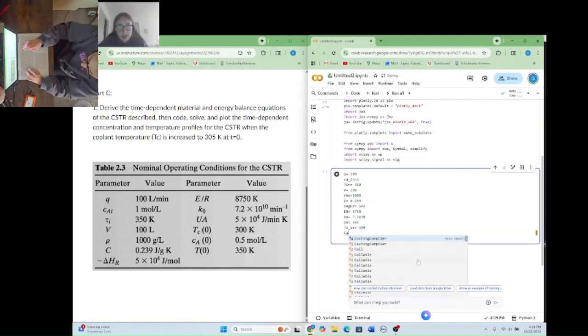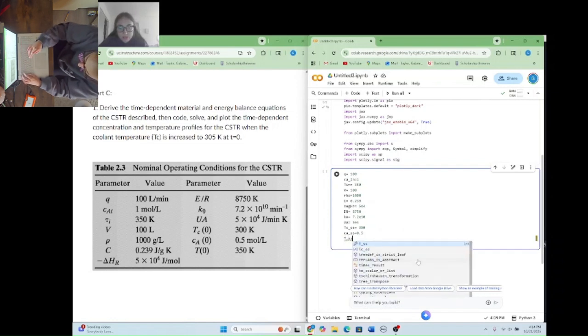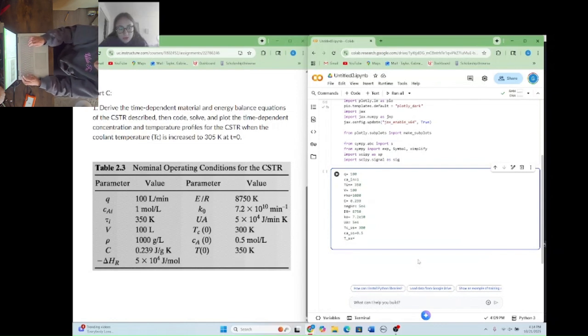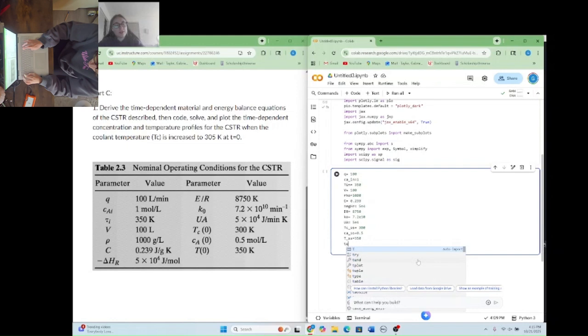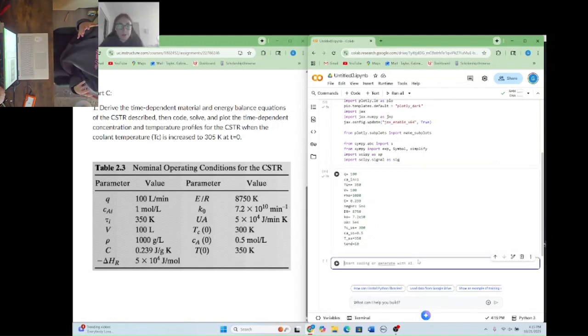Our CA steady state is going to be equal to 0.5, and then our T at steady state is going to equal 3.5. And then we want a time end for this, so our time end is going to be 10.